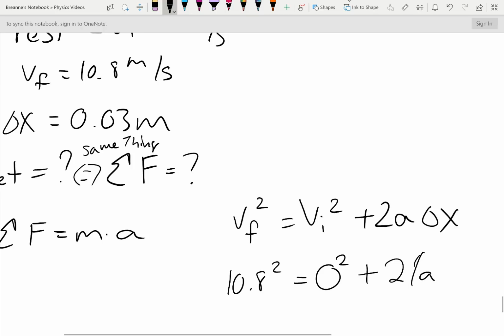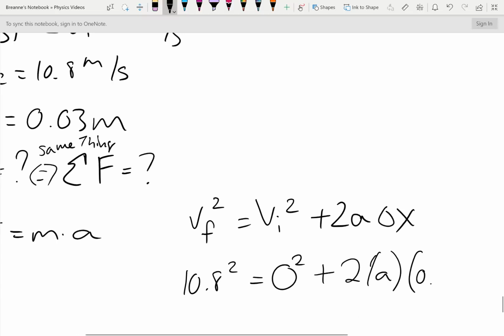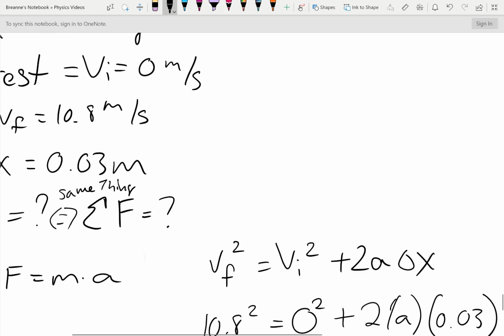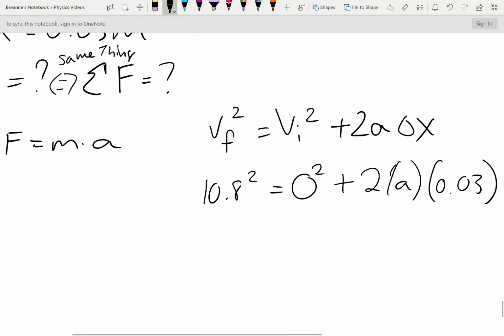We're looking for acceleration, and our displacement was that. So 10.8 squared, we get a big number. 0 squared just gives you 0. 0 plus a number just kind of goes away.